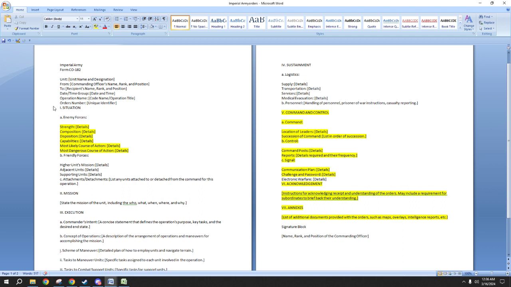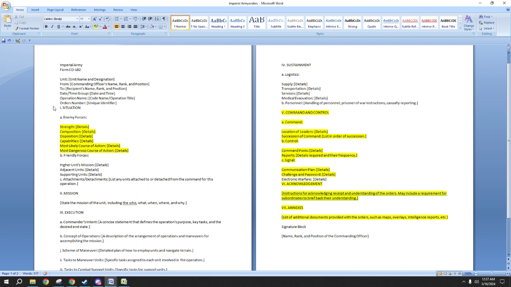As far as enemy forces, it's not strictly necessary. If you don't want to fill that out, it does make things a little more complicated. Maybe just put down the unit you're attacking, but you may not know the name of the unit.